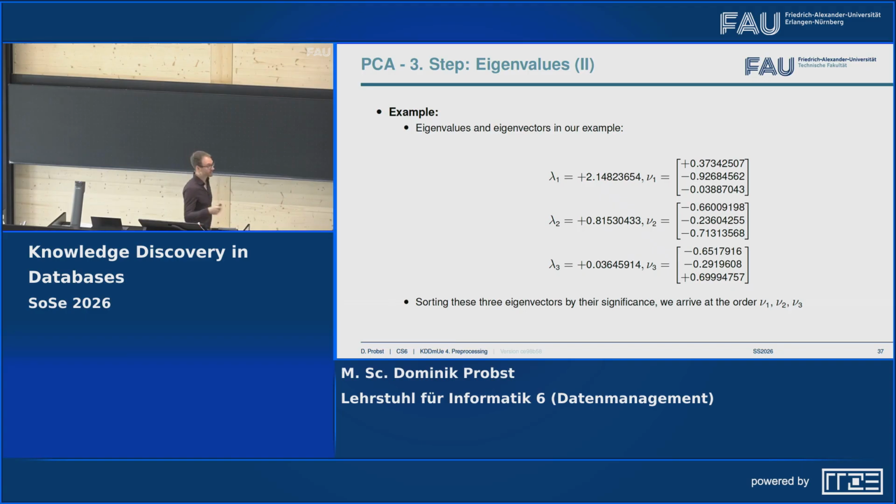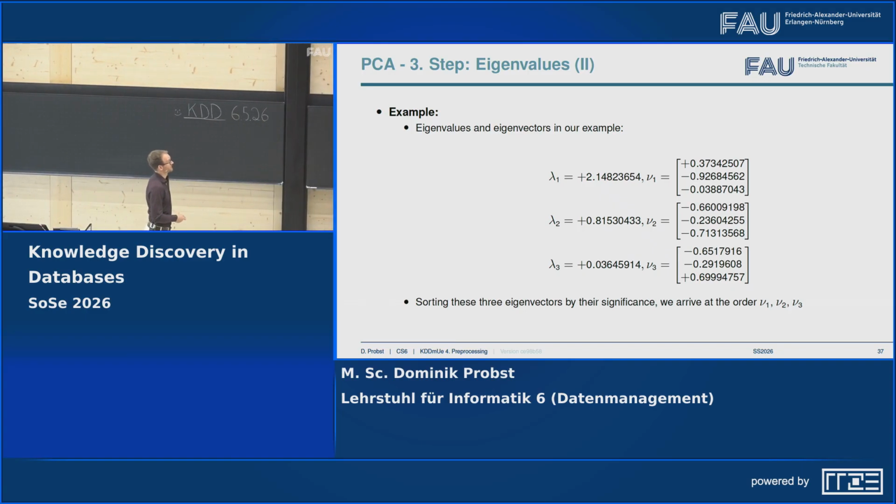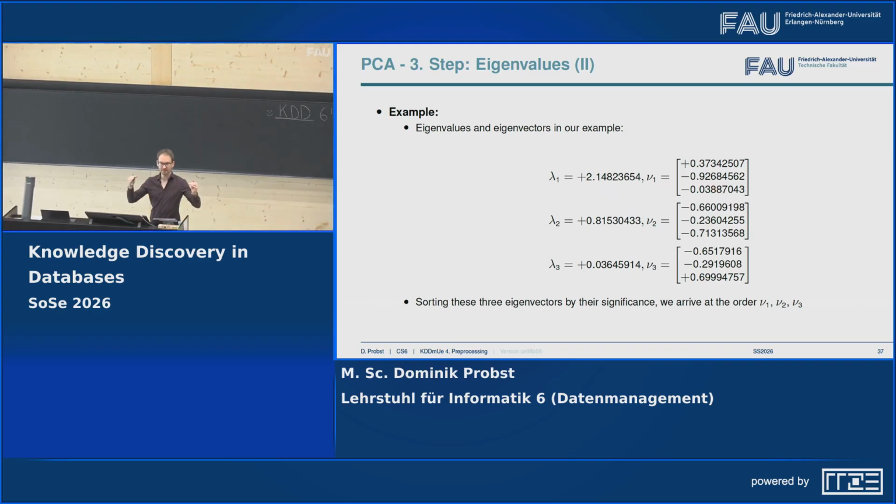We are always sorting the eigenvalues and eigenvectors by their significance. That means the higher the eigenvalue is, the more significant the eigenvector is. So we are sorting them from highest eigenvalue to lowest eigenvalue.